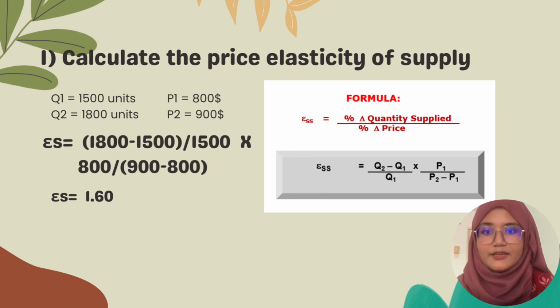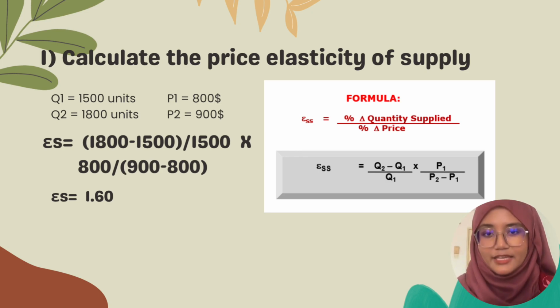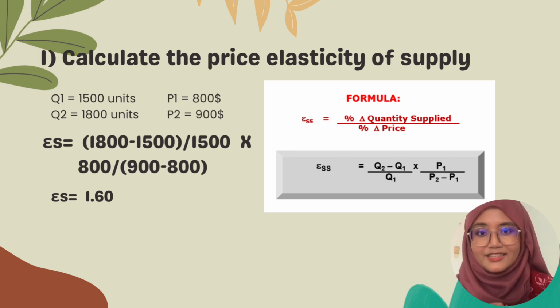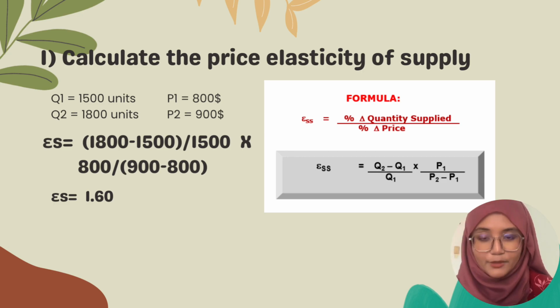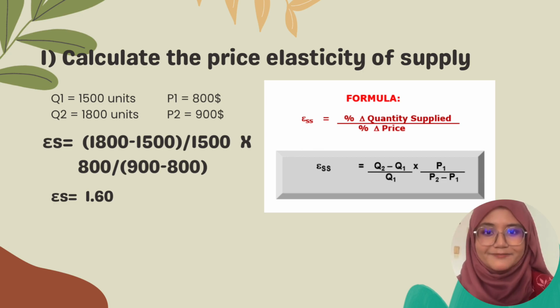I put them in the formula: 1,800 minus 1,500 over 1,500, times 800 over 900 minus 800. And for the elasticity of supply, we got 1.60.